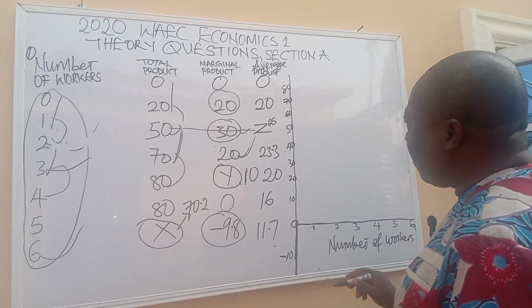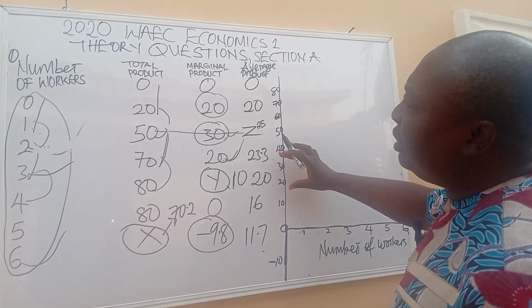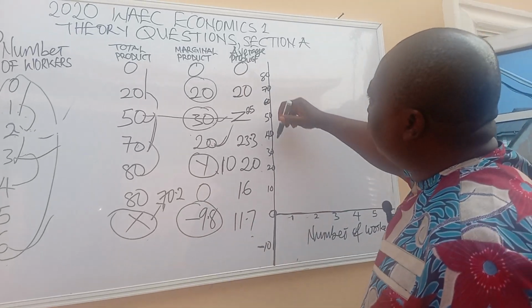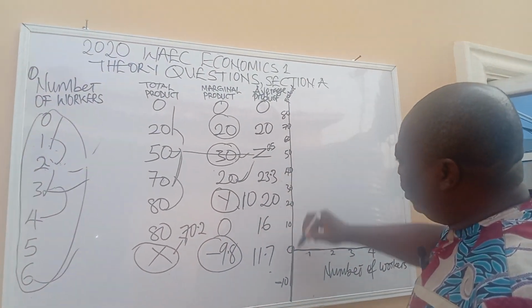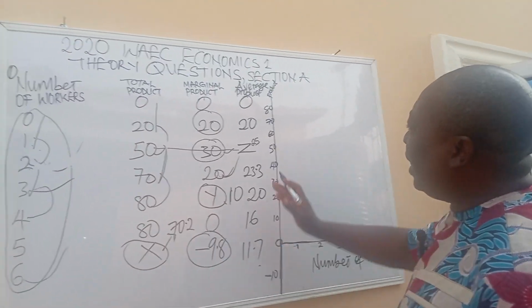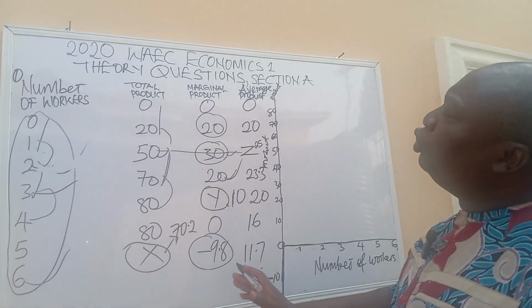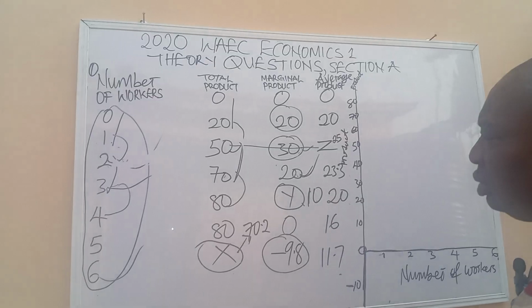Number of workers on this axis. On this y-axis, we are going to have products. We call this product. Now the question says we should draw total product and marginal product. Let me start with total product.